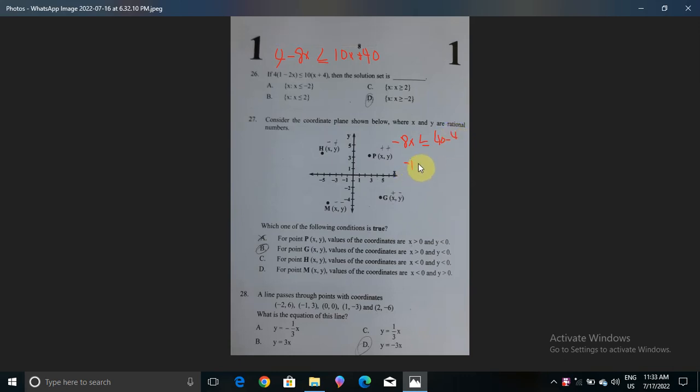Then we make negative 18. Here negative 8x and negative 10x together. So that means it will be negative 18x less than or equal to positive 36. Then divide both sides by negative 18.